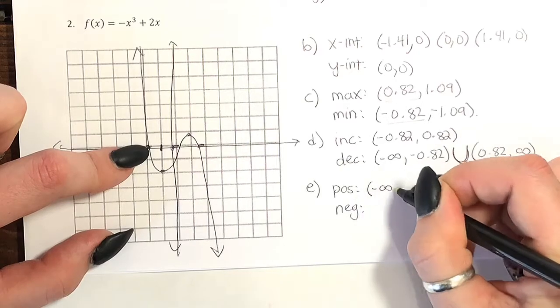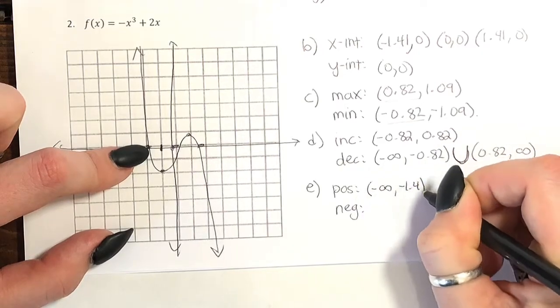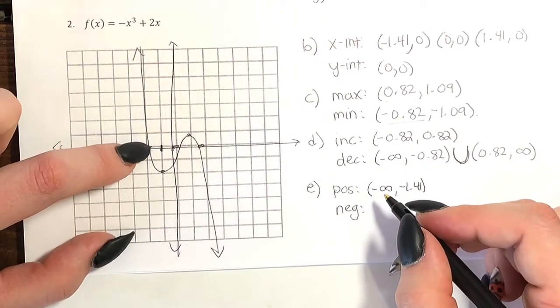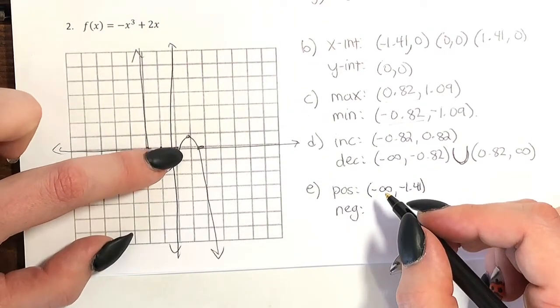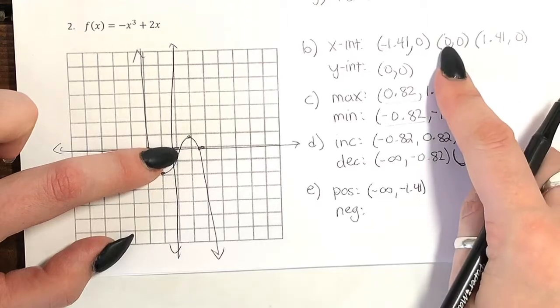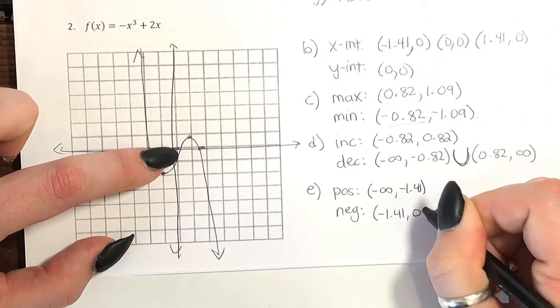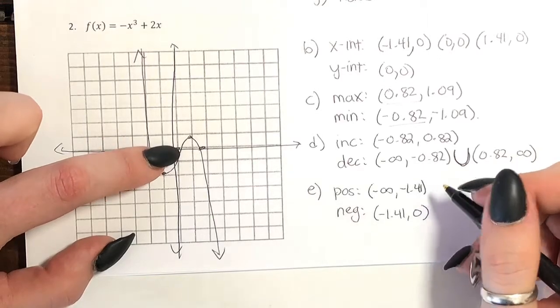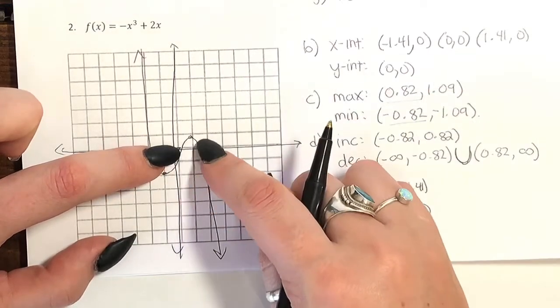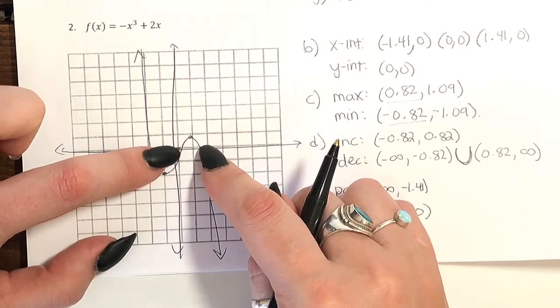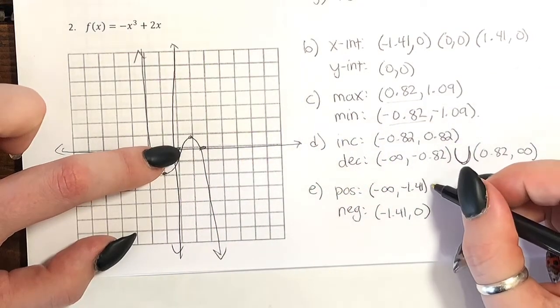So I'm going from negative infinity to negative 1.41. And then once I hit negative 1.41, I stay negative until I hit this intercept, which was at 0. So from negative 1.41 to 0. And then once I hit 0, I became positive again for this little swoop right here. So from 0 until 1.41, I'm positive.